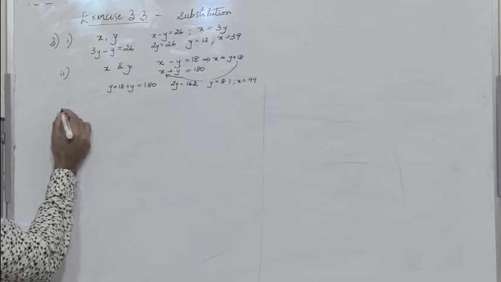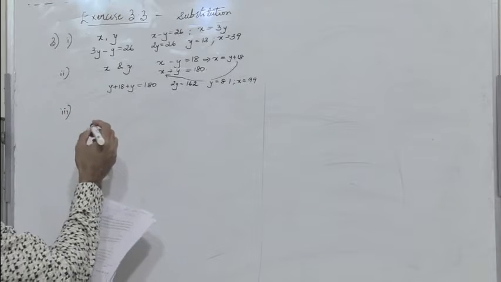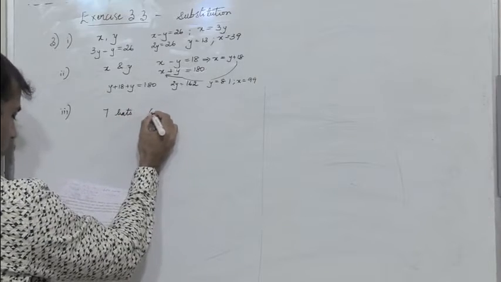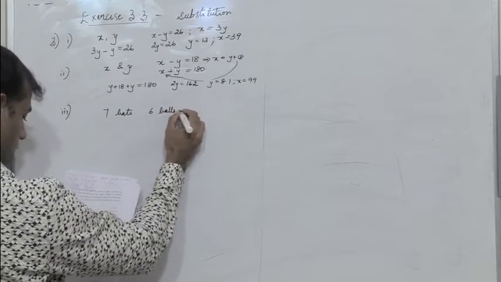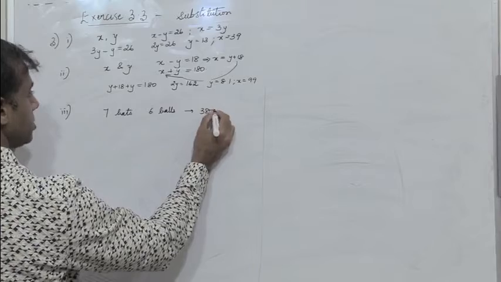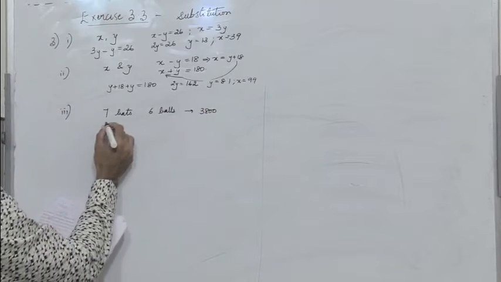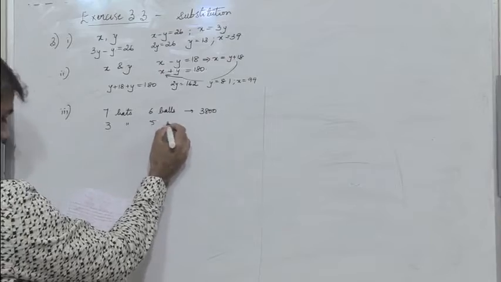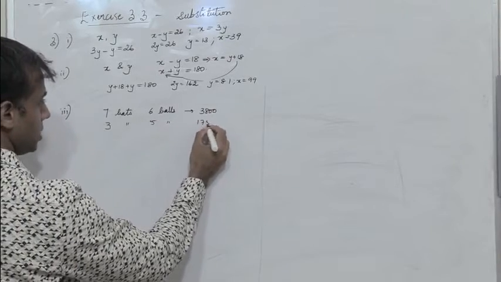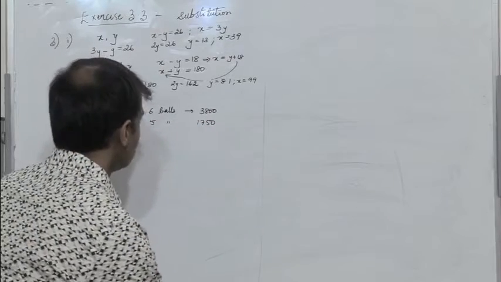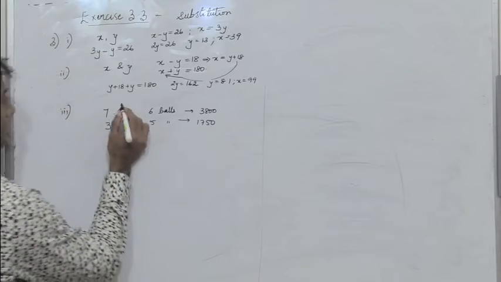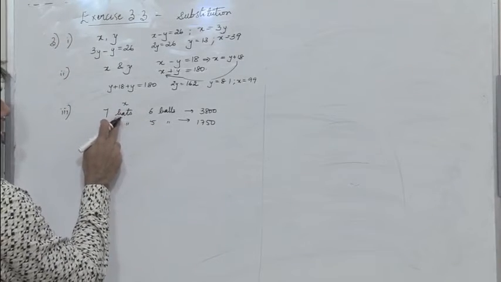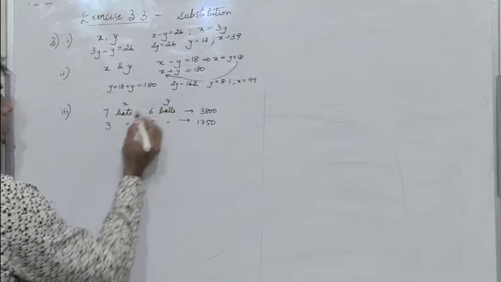So the third problem. So we have a coach who buys 7 bats and 6 balls for rupees 3800 and buys 3 bats and 5 balls for 1750. So let us assume that the price of each bat is x and each ball is y.